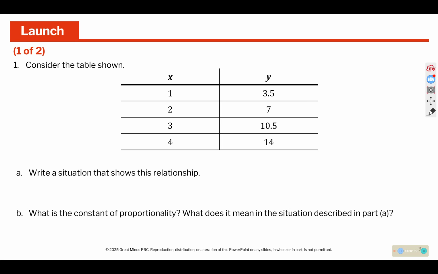A situation that might be related to this, you could be selling things for pounds, and then this is the cost of all the pounds that you purchased. It could be hours and pieces built by a machine. We're going to use cost for pounds.